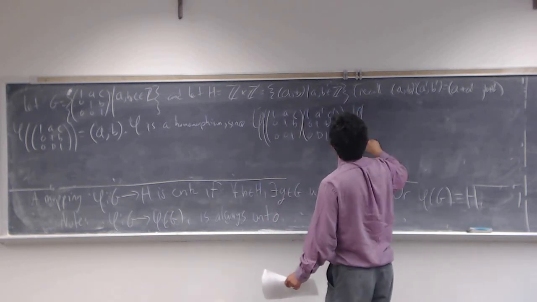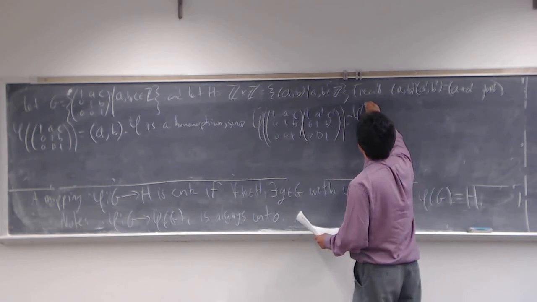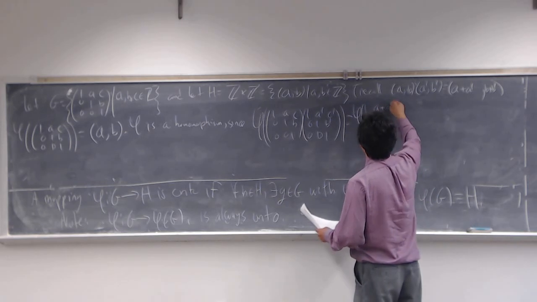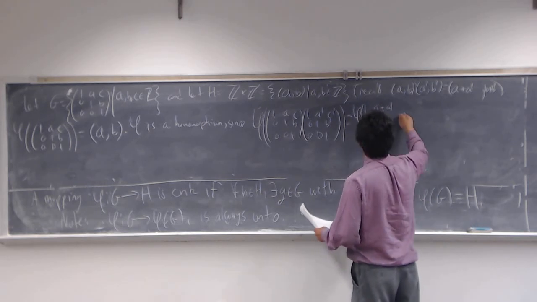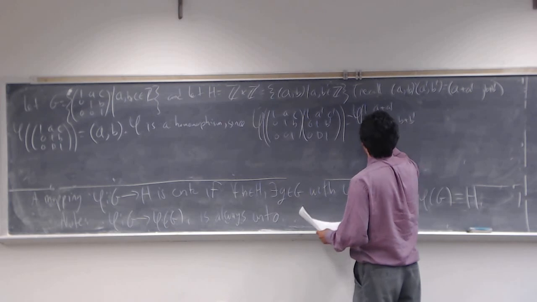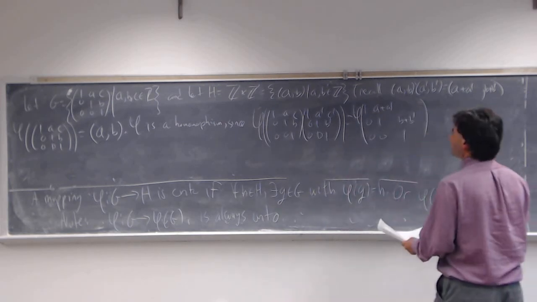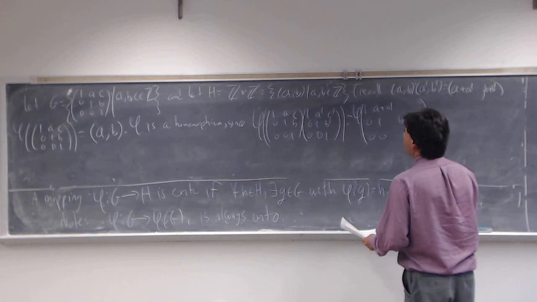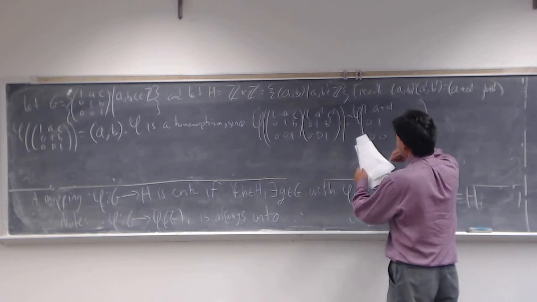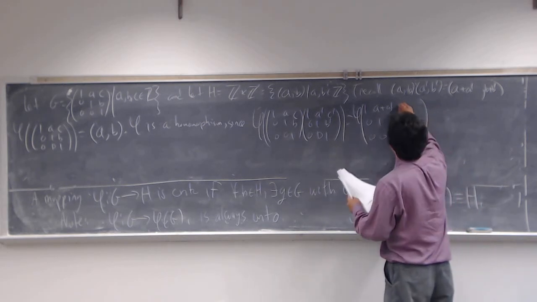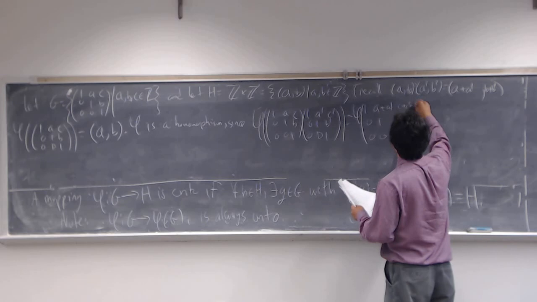And we see when we multiply these matrices, what do we get? We get 1, A plus A prime, 0, 1, B plus B prime, 0, 0, 1, and we get something, which is what, C plus C prime plus A B prime.